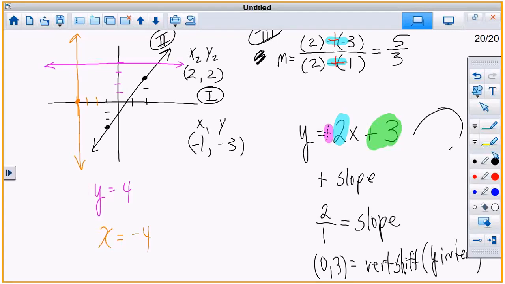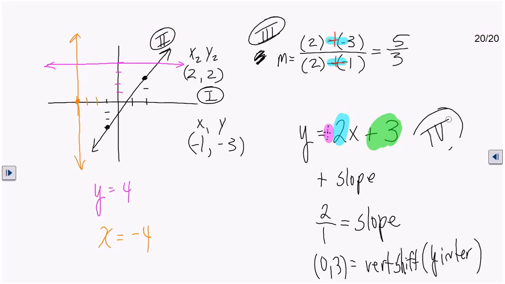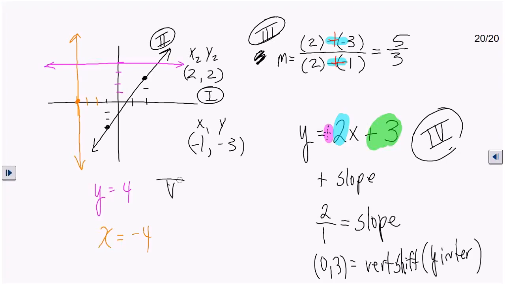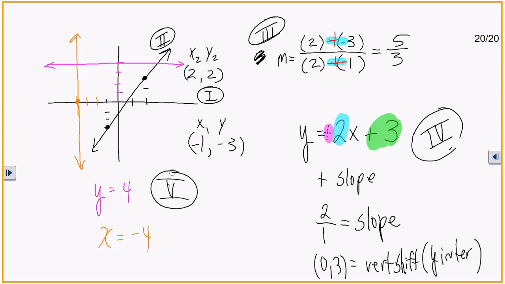Be able to pick out the vertical and the horizontal shift, the slope and the direction of the slope, and the vertical shift, or the y-intercept. And be able to draw when y is equal to a number and when x is equal to a number. So that's five things in graphing that you should be able to do. And that concludes this pre-algebra review and the graphing review.